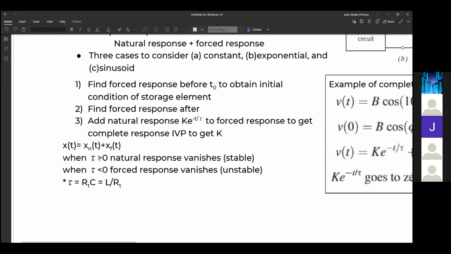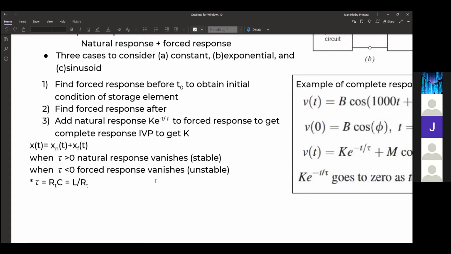So before a time constant, which you can find through capacitance or inductance, the natural response is still there, and after the time constant the natural response is gone, so you're in steady state. I'm sorry, that's after the time constant. And before that, the forced response is not there yet, or you're in a transient state.